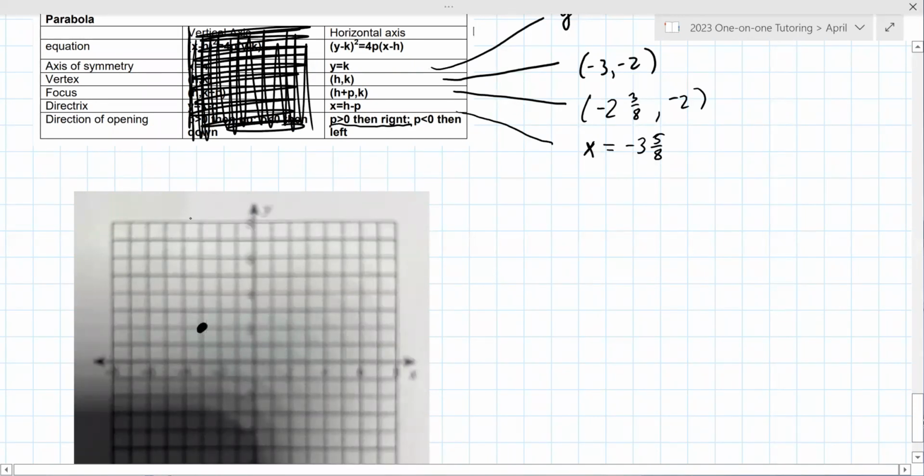There's a directrix there, focus is there, and it opens to the right. It's hard to see because it's just not zoomed in, but the vertex is equidistant between the directrix line and the focus. And then the axis of symmetry always goes right through all three of those. Something like that.